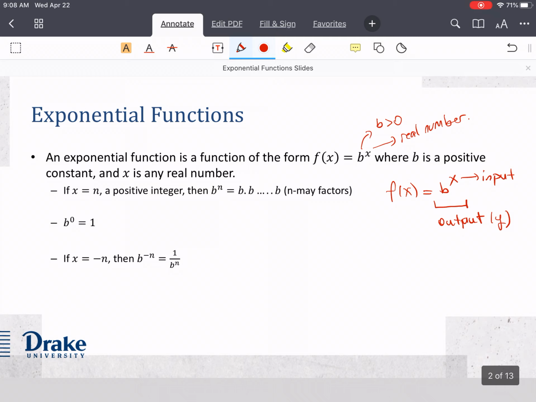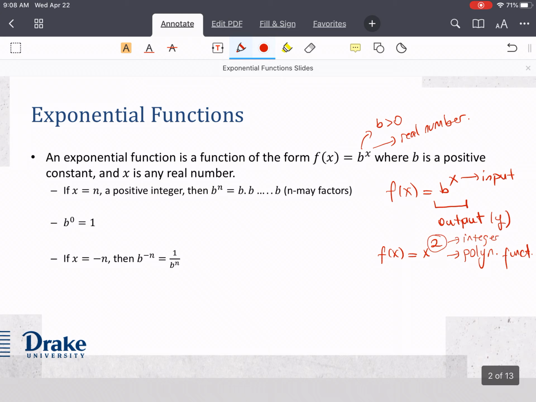Here it might be useful to see the distinction between this and, for instance, f of x equals x squared. Notice this is a polynomial function, and polynomial functions have exponents that are positive integers n.